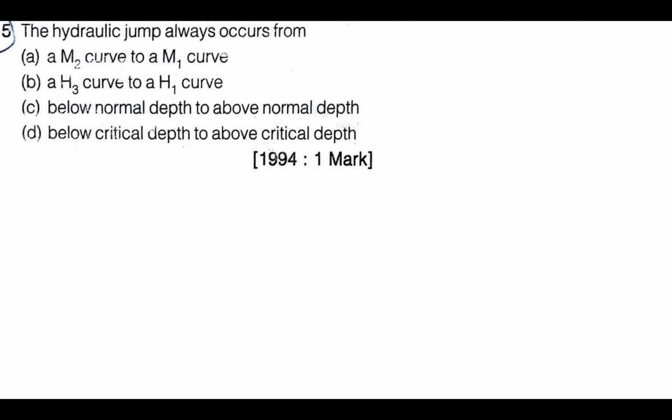Now the hydraulic jump always occurs from M1 curve to M2, M2 curve to M1 curve, H3 curve to H1 curve. Whether H1 is possible or not, please comment if you know already. If you don't know, I will come again. Below normal depth to above normal depth, below critical depth to above critical depth. If you have completed your open channel hydraulics, you already know the condition for hydraulic jump: flow goes from supercritical to subcritical.